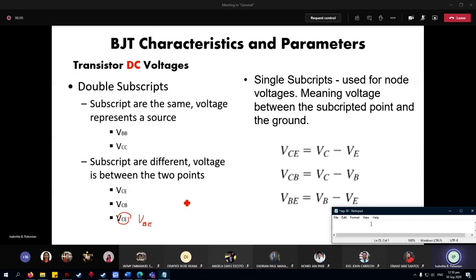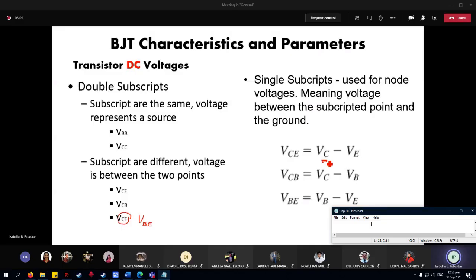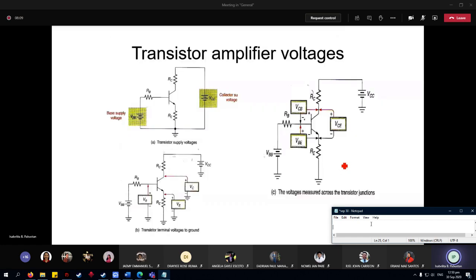With a single subscript like the VC, this VC means you are measuring from collector to ground. For VE, you are measuring from emitter to ground. As I said a while ago, the VBB and the VCC are used for supply voltage.